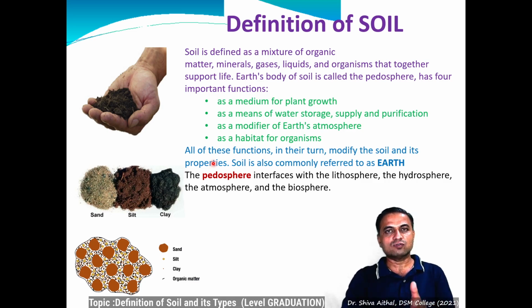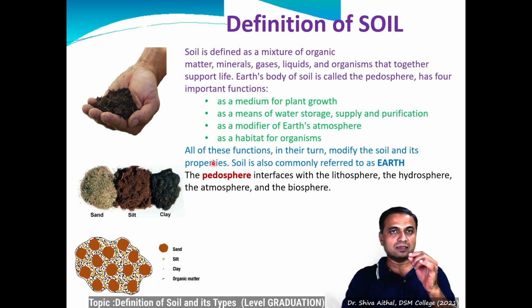So earth's body of soil, which is called the pedosphere, has four important functions. Which are those? A medium for plant growth, first thing. It is also a means for storage of water, water supply and water purification. Earth acts as a natural filter for water. The water is cycled throughout the water cycle.